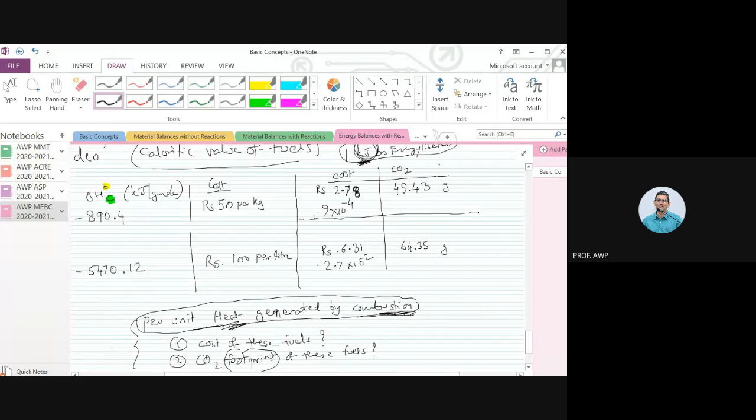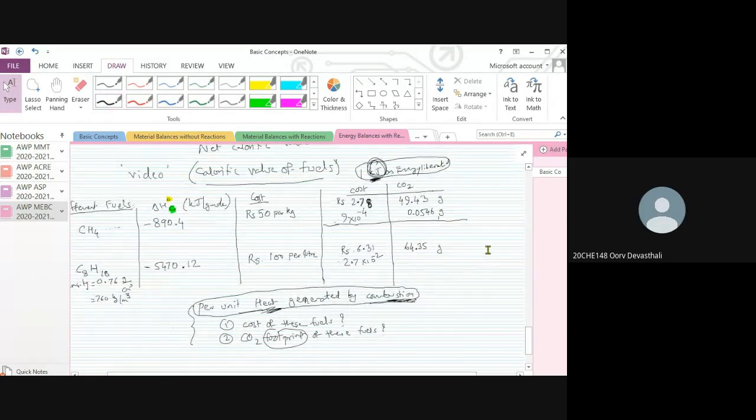Okay, calculate. For the amount of CO2 in methane, I'm getting 0.0546 grams. Okay, let's just say 0.055.